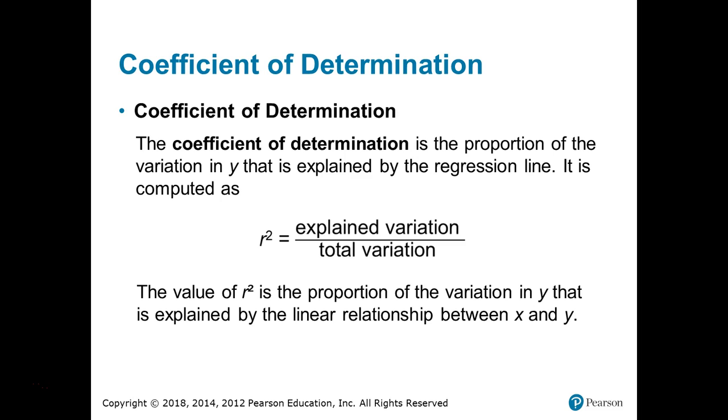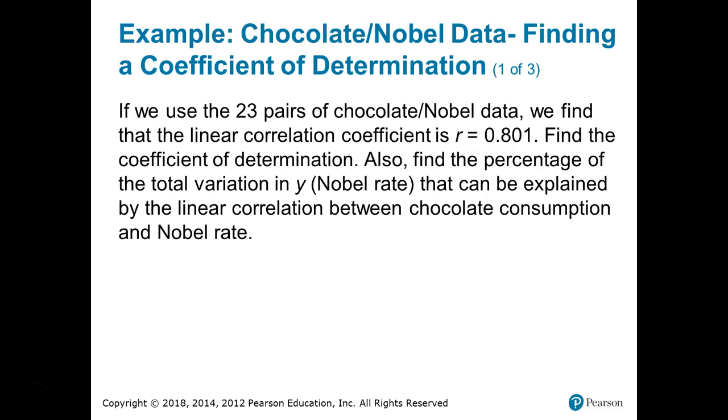And your coefficient of determination is the proportion of the variation in y that is explained by the regression line. So that's r squared again, which is the explained variation divided by the total variation. So we did this example before.